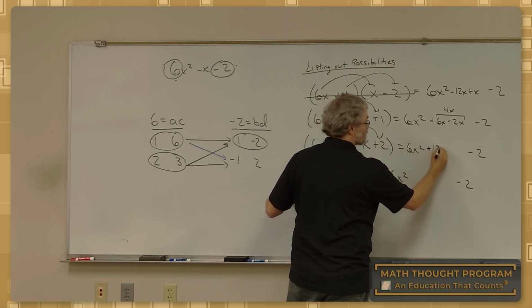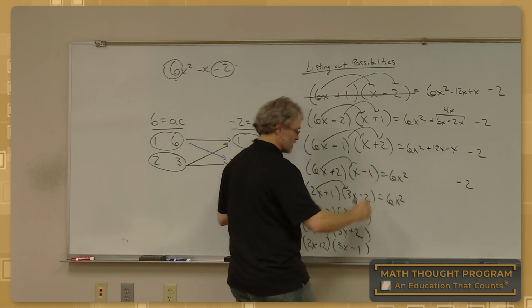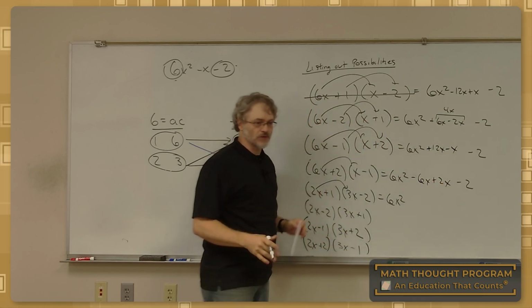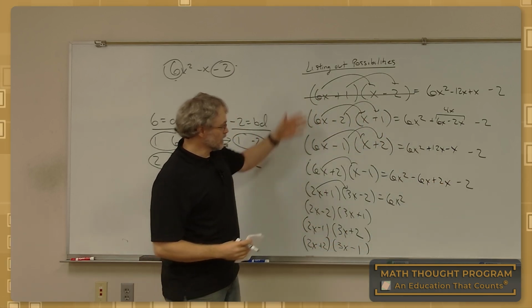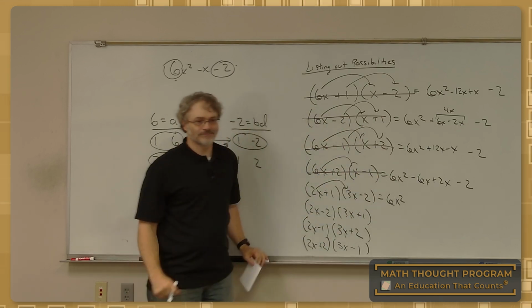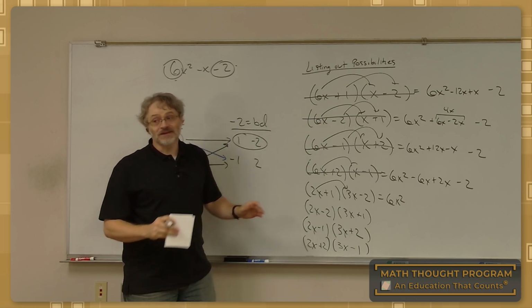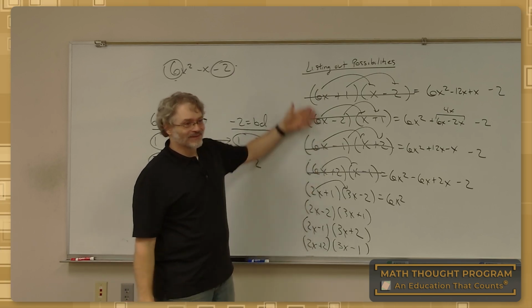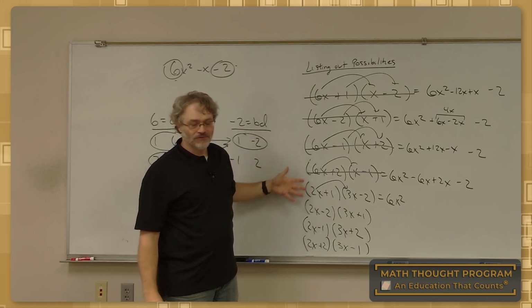I have a 12x minus x. That's not going to work. 6x, 2x. That's also not going to work. So what that tells me is these possibilities are out of the question. It's a method of exhaustion because you get pretty exhausted when you get done doing it. Just a lot of different possibilities to check.